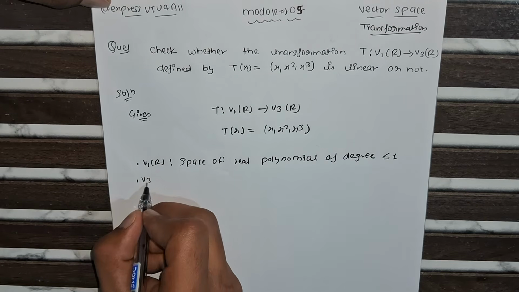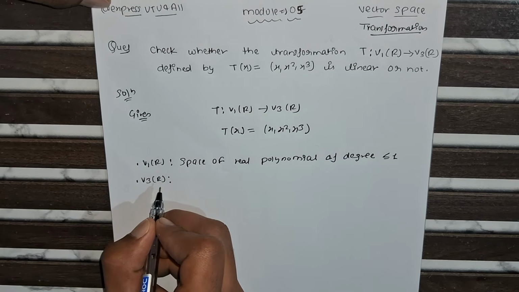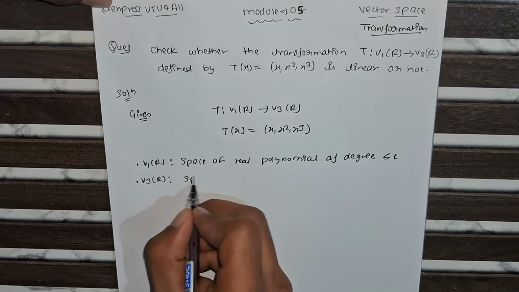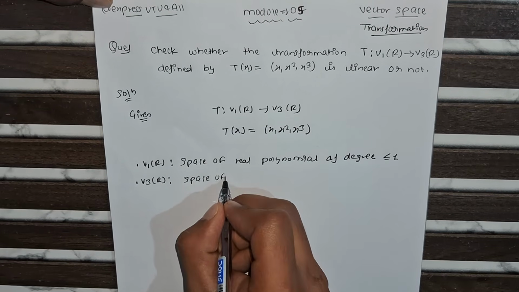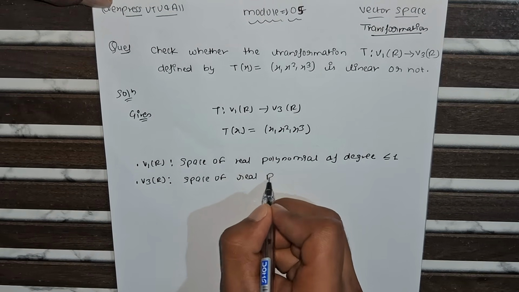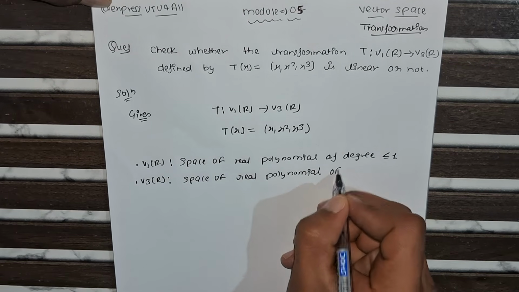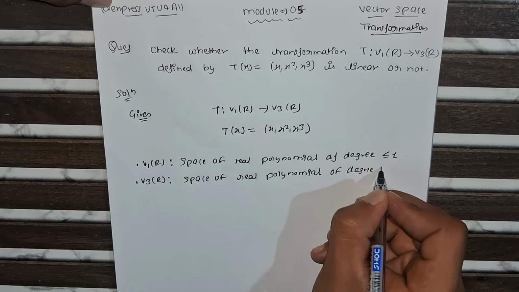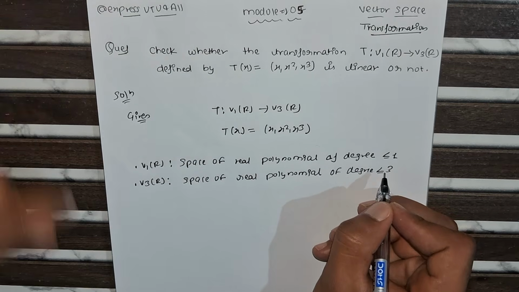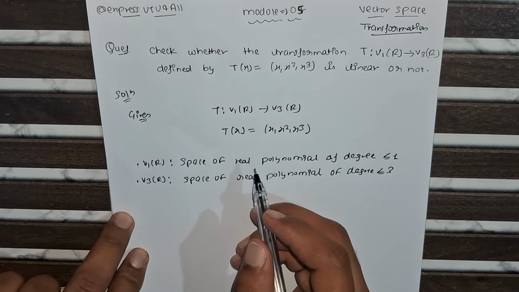Like that, V3(R) is nothing but the space of real polynomials of degree less than or equal to 3. So these are the things we have to understand from this question.